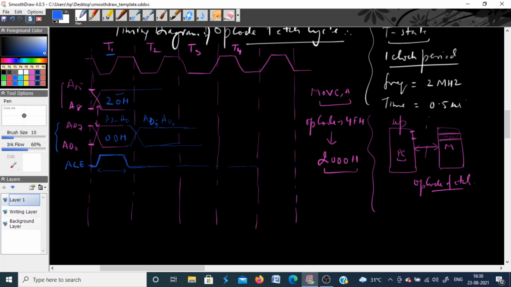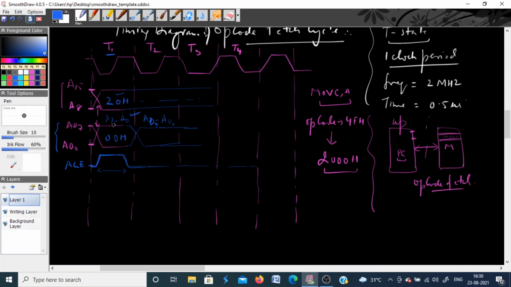Since the higher order bits are used to carry the address only, the data on these will remain constant for almost 3 clock periods. It is 20h. But on the lower address, during the first clock cycle only, the ALE signal is activated. It goes from 0 to 1, and this address is latched. Now in the next clock cycle, this bus is available to be used as a data bus.